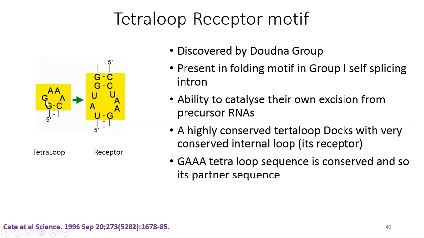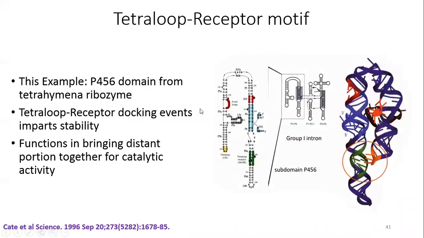Now this GAA tetra loop and its corresponding receptor both have conserved sequences. This tetra loop receptor motif is present in the P456 domain of the Tetrahymena ribozyme.